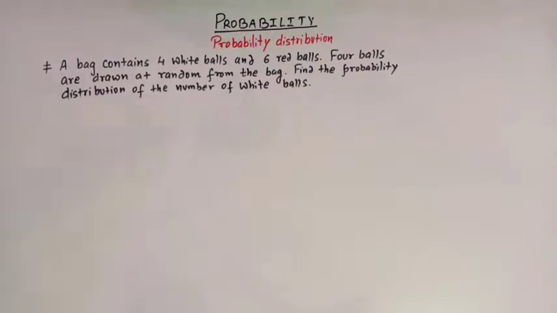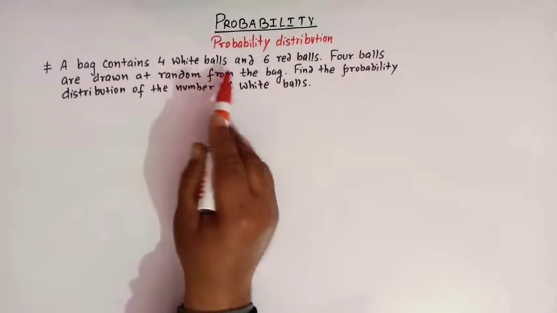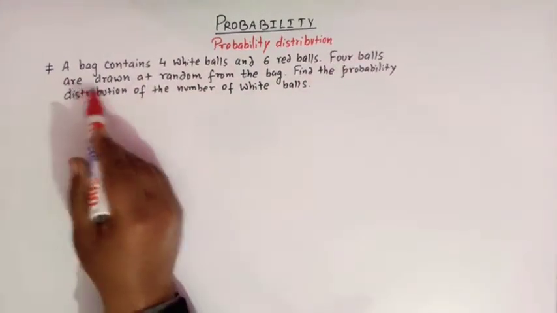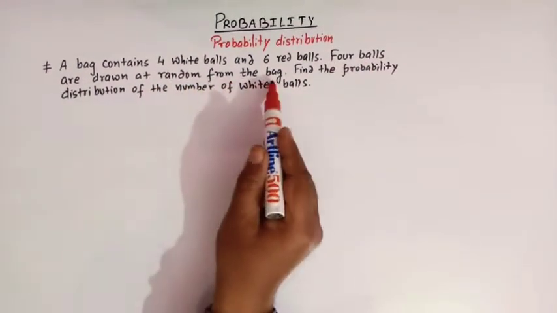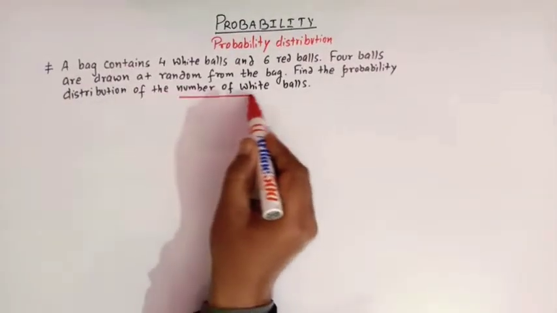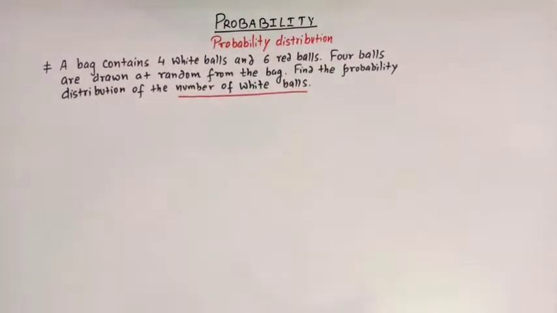So let us start. Here we have the problem that a bag contains 4 white balls and 6 red balls, and 4 balls are drawn at random from the bag, and we have to find the probability distribution of the number of white balls.